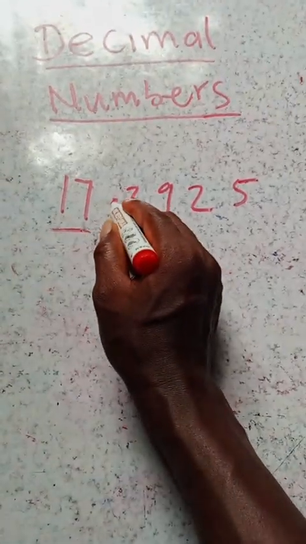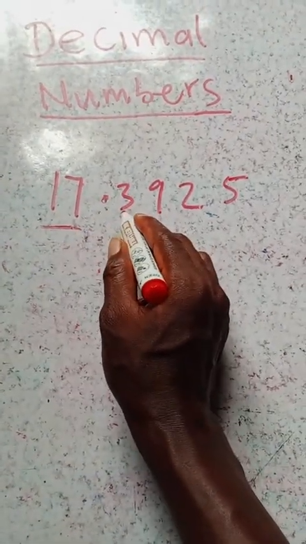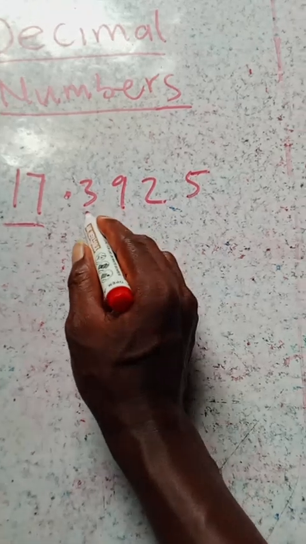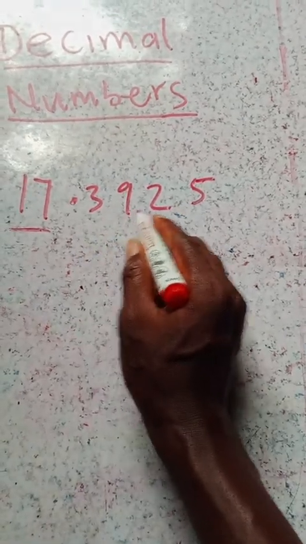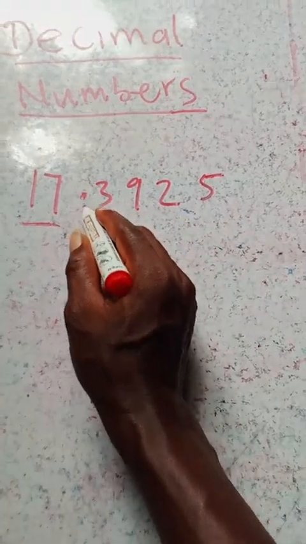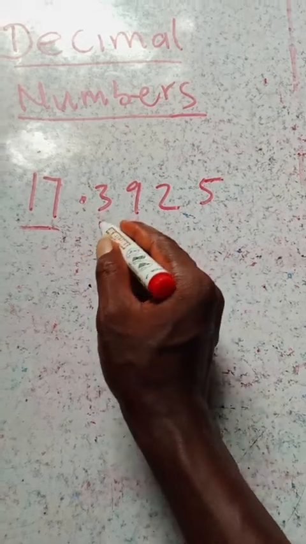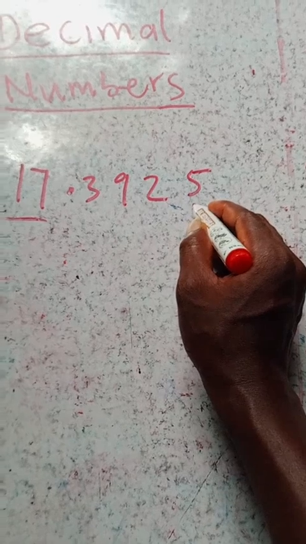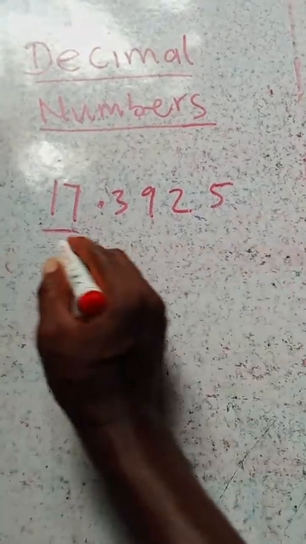But after the decimal point, you don't say 3,925. You don't call it like that. After a decimal point, you call the numbers one by one: 3, 9, 2, 5.